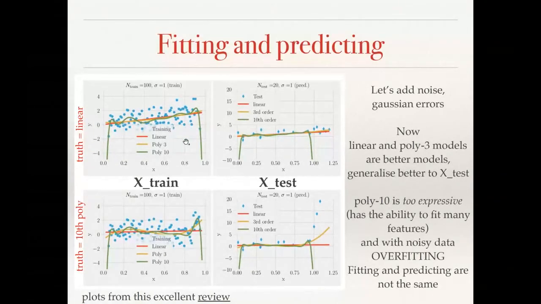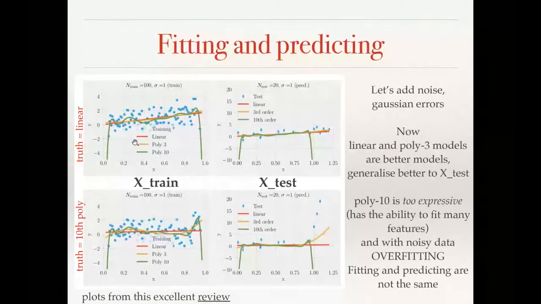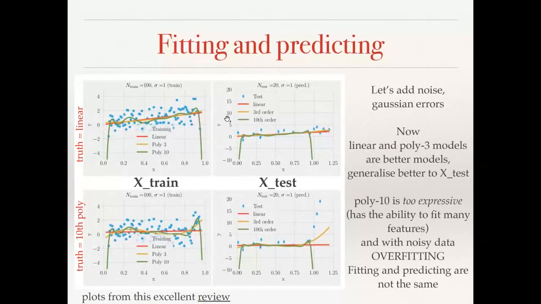But something happens when you start to complexify your model, to make it more expressive. When you start adding more parameters, for example by going to a polynomial of 10th order, the best fit to that data is no longer going to be just a straight line going across. It's going to start having these strange features.